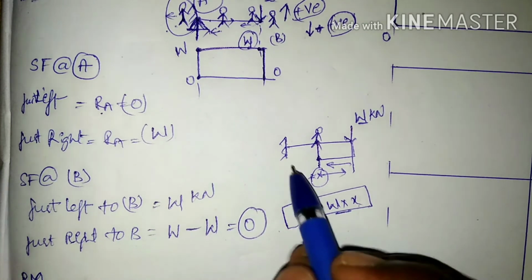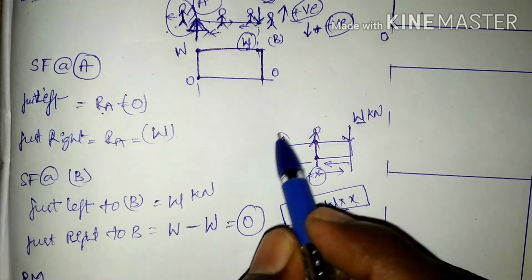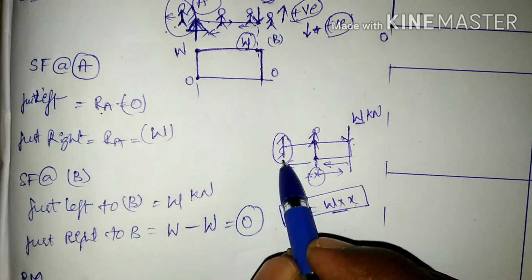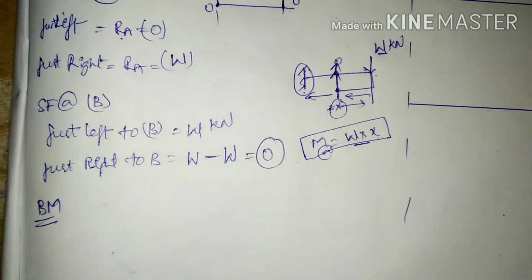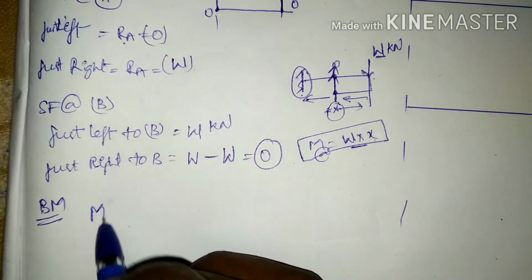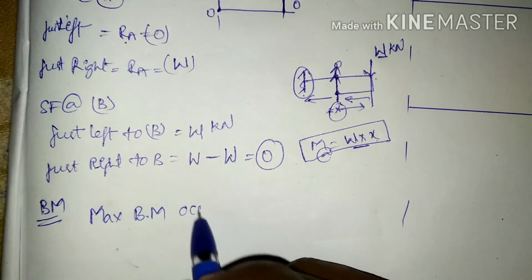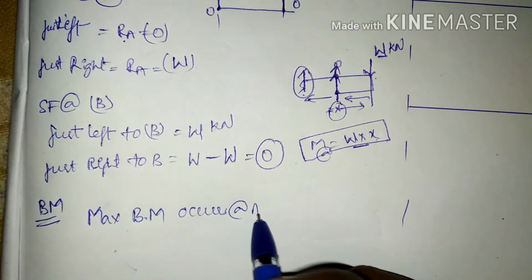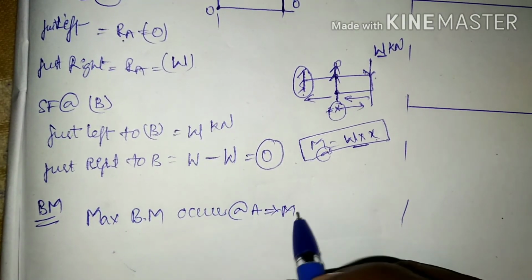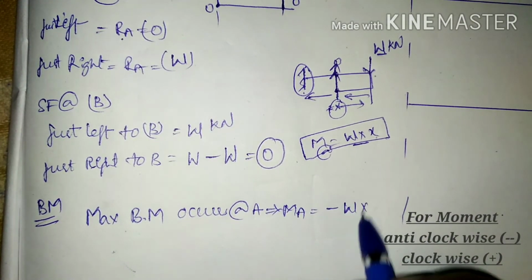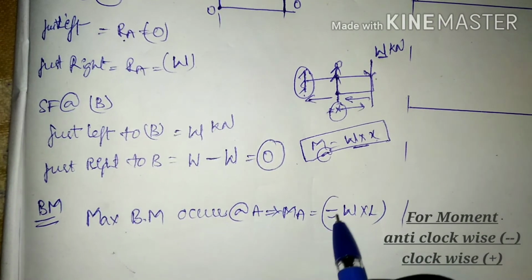Here the maximum bending moment occurs here only, because there is no other support, so the maximum bending moment occurs at the support, that is, moment about A is equal to minus W into L. Why negative?